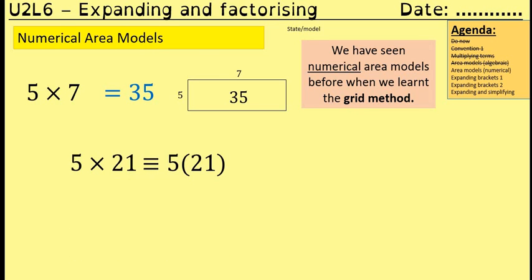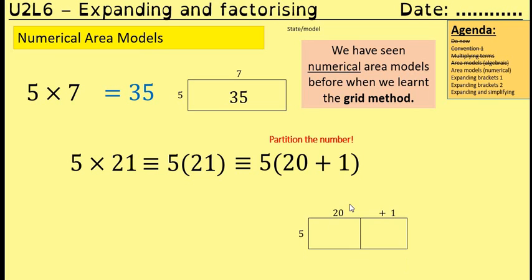This one, 5 times 21, to make this easier for myself, I can partition this number. So 21 can be partitioned and broken up into 20 plus 1. I hope you can see the connection there. Now the area model for this will look a little bit different because I've got 2 terms here. I've got 20 and plus 1.